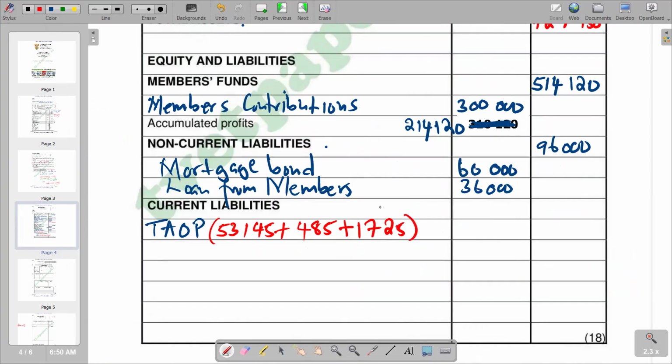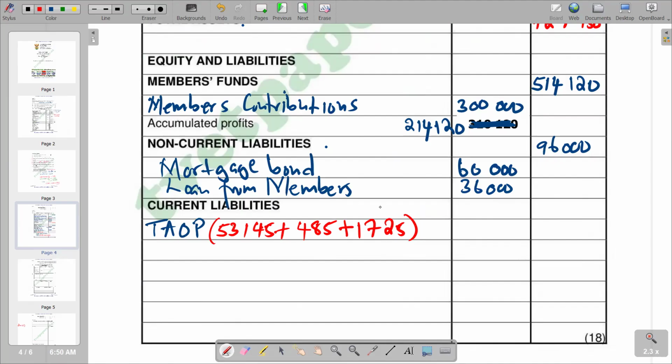So from there, we can now add so that we can get the total. So if we add, we're going to get 55,355.